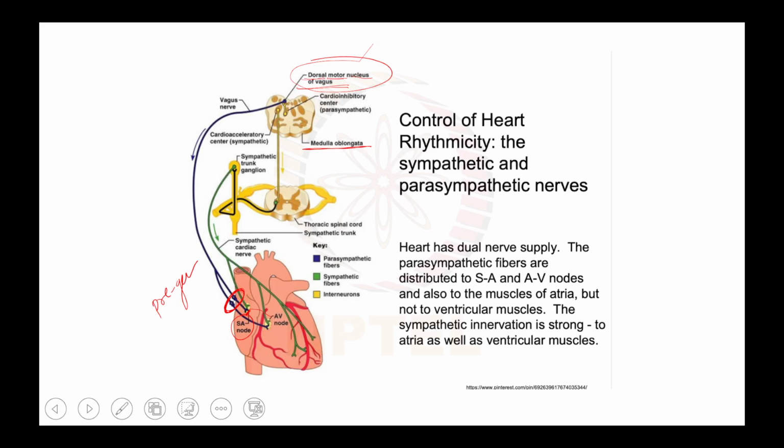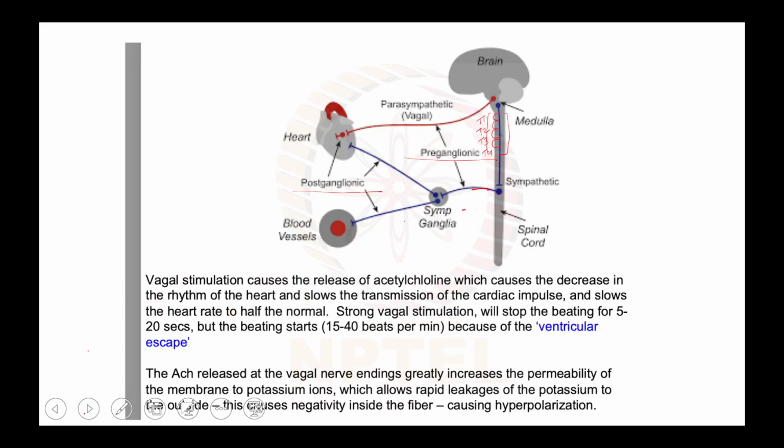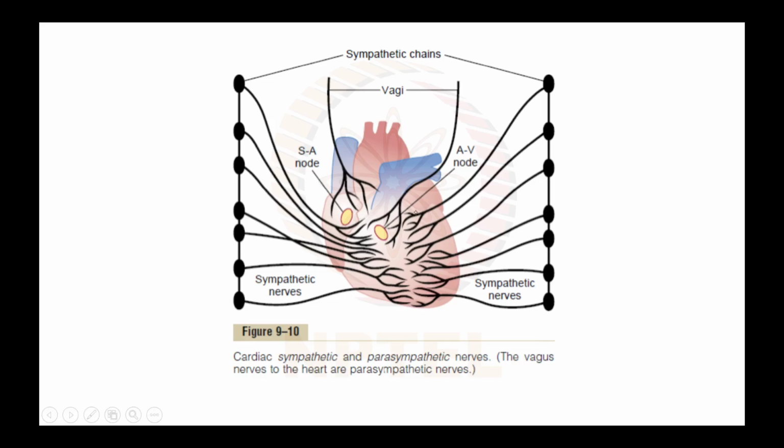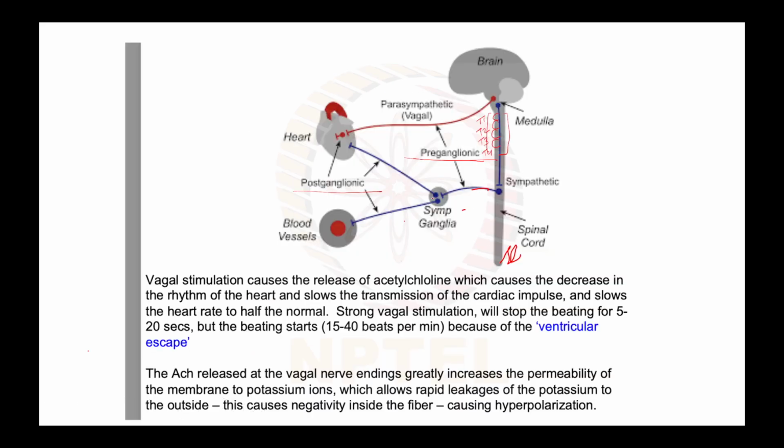Then the signal goes and gives the signal to almost the entire heart. There we also have a ganglion and a preganglionic fiber, which carries the signal from the thoracic region to the ganglion, and from the ganglion to the blood vessels and the heart, again carried by the postganglionic fiber.